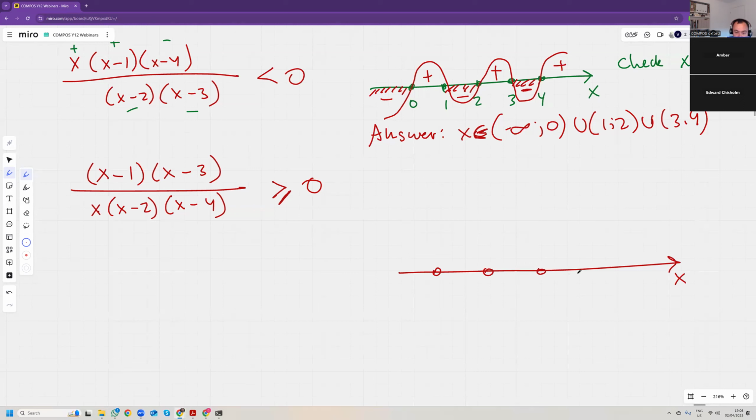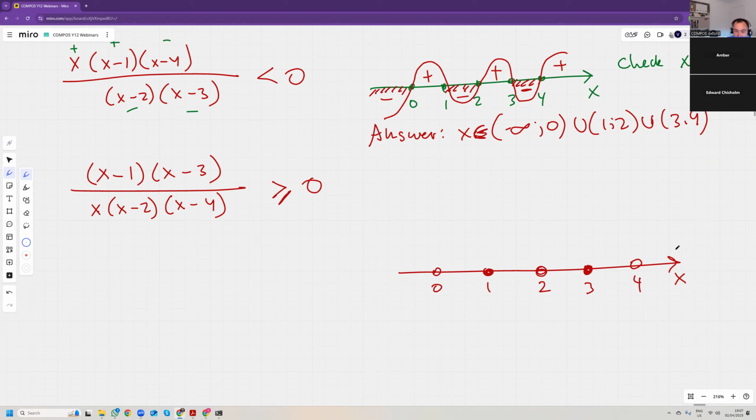Now, x cannot equal 0, x cannot equal 2, x cannot equal 4. However, x can equal 1, so we draw a solid dot because it's greater or equal. And x can equal 3, so we draw a solid dot at 3.